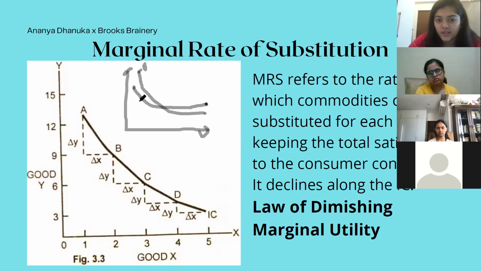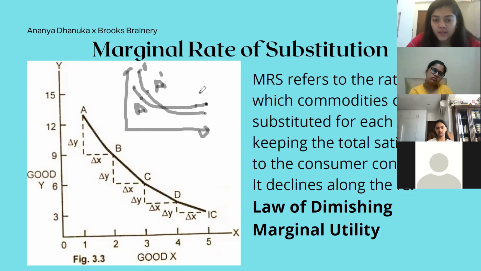So if I have point A that is providing me with less, and a point A prime, and I compare my level of satisfaction at point A and point A prime, then A prime provides a greater level of satisfaction.